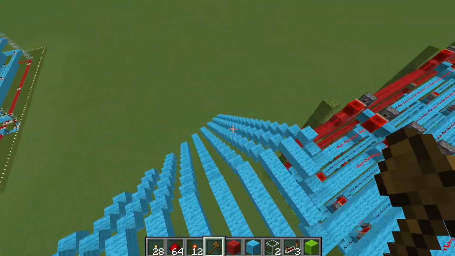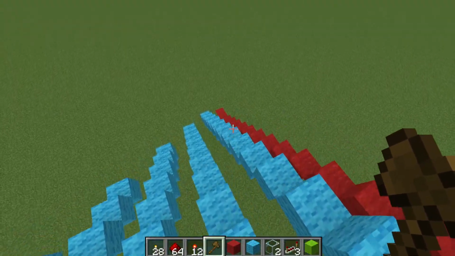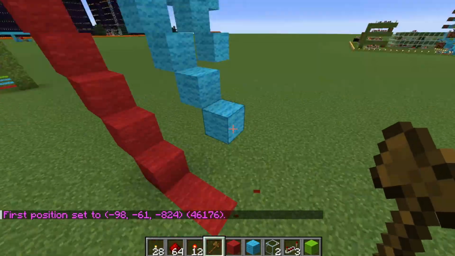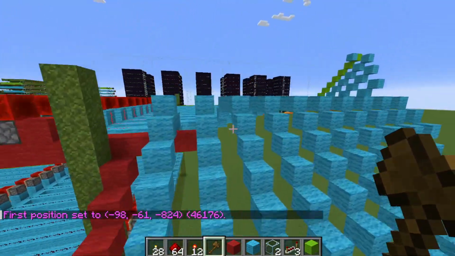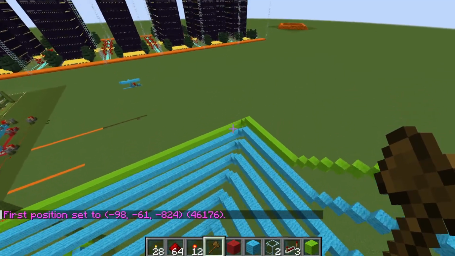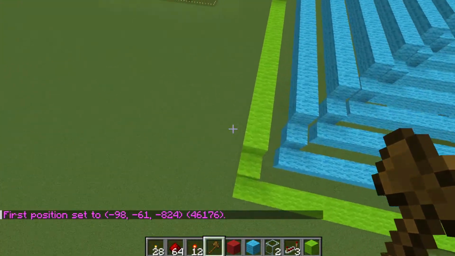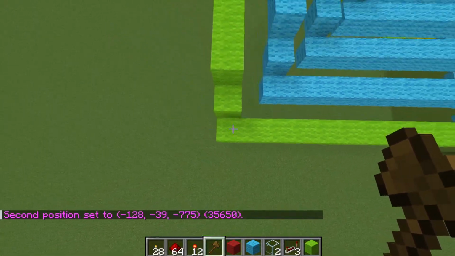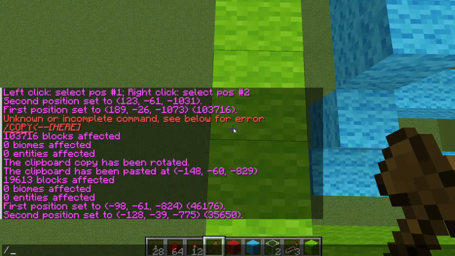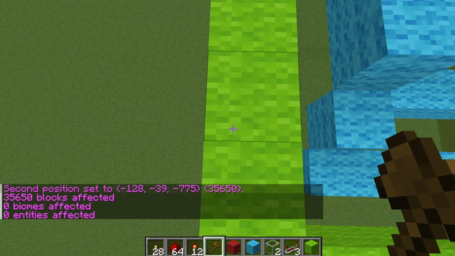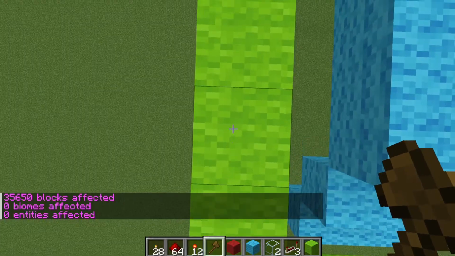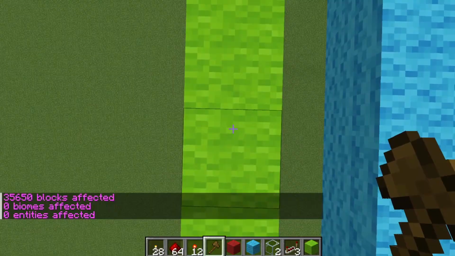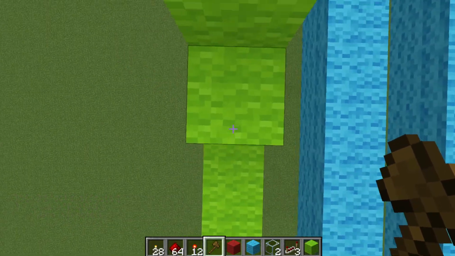So copy from down here. And copy from here, and then, well, 1, 2, 3, 4, 5, 6, 7, 8, 9, 10, 11, 12, 13.